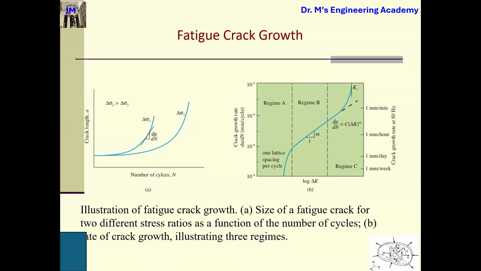We have delta sigma, then we have this delta K. Delta K is a change, the range of stress intensity factor, because your sigma is changing. When you have the maximum sigma, you have the maximum stress intensity factor. When you have a minimum sigma, you have a minimum stress intensity factor. Because your stress level is changing, as a result your stress intensity factor is changing.